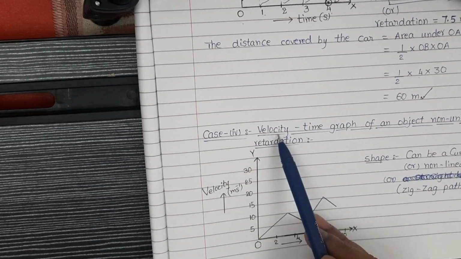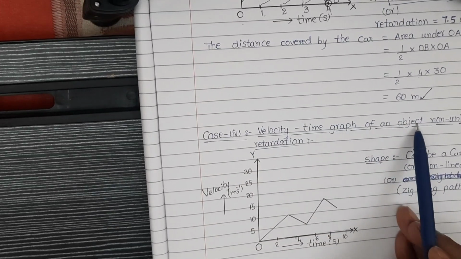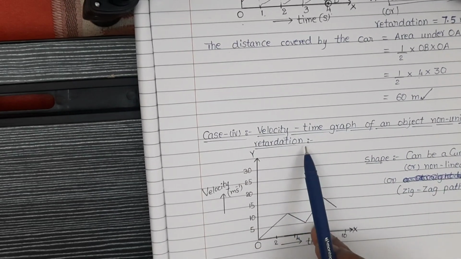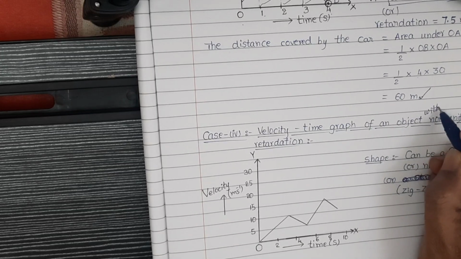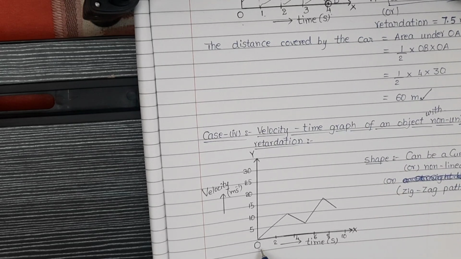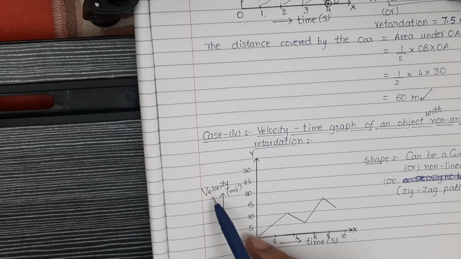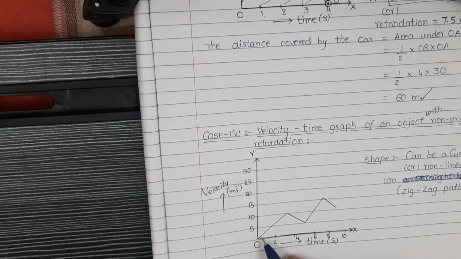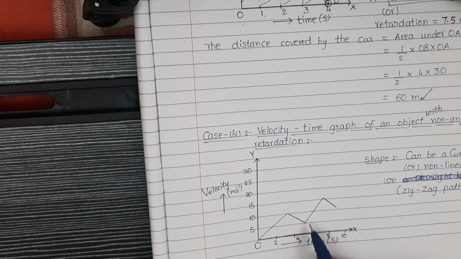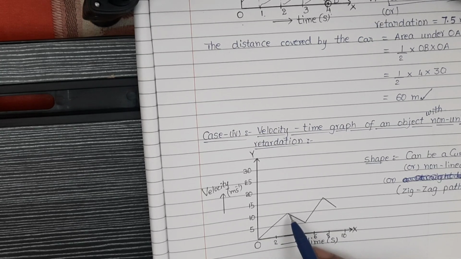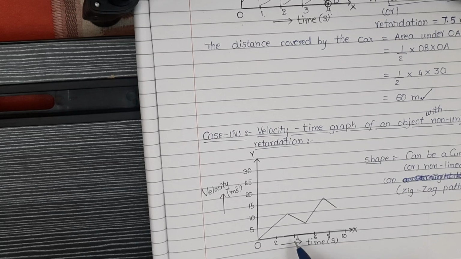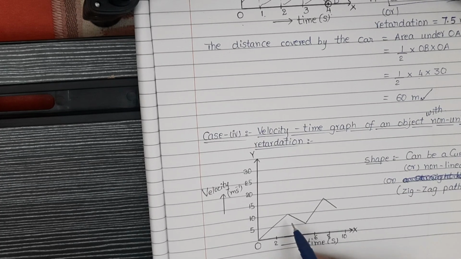Case 4, velocity time graph of an object with non-uniform retardation. If we plot a graph between time and velocity, in this scenario the velocity keeps increasing and decreasing at regular intervals, or maybe the velocity remains constant for unequal time intervals, or the velocity keeps changing with respect to time, increasing as well as decreasing.